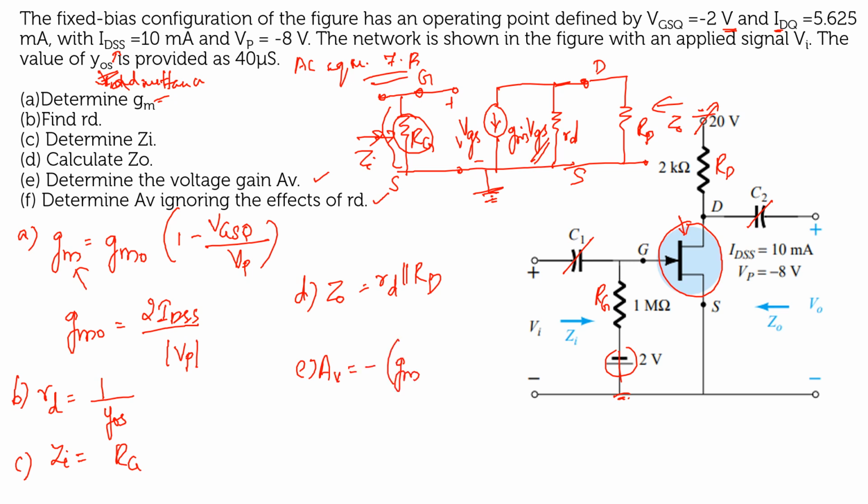So you have Av = -gm (RD parallel to rd), right? And F part, if you have to ignore the value for small rd, then Av is equal to -gm into capital RD. So these are the formulas which you have to apply. Let us go directly to the problem now.